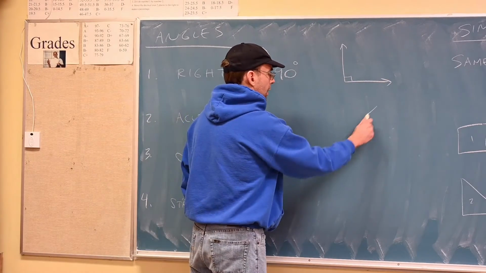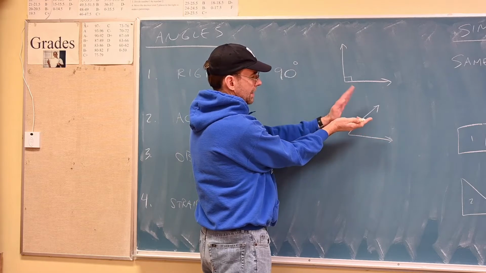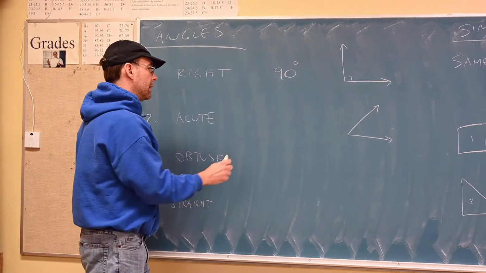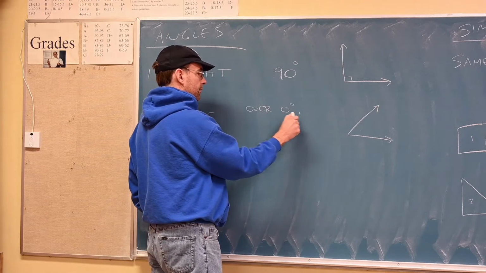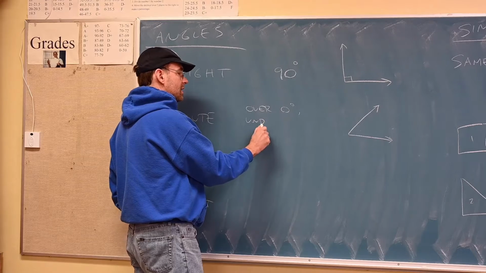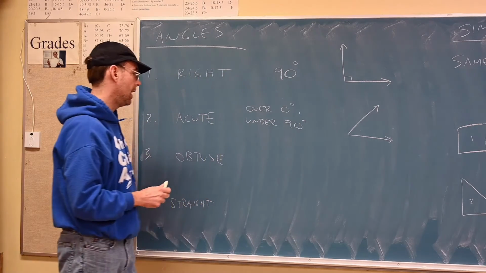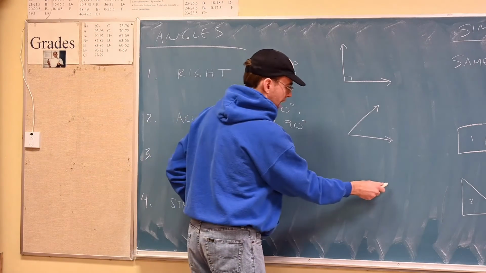Acute is narrower. An acute angle would be narrower of a mouth, if you imagine that as like an animal's mouth. It would be a narrower thing than a right. Acute has to be over 0 degrees, but we need to stay under 90 degrees. And that makes an acute angle. Obtuse opens wider than a right angle.